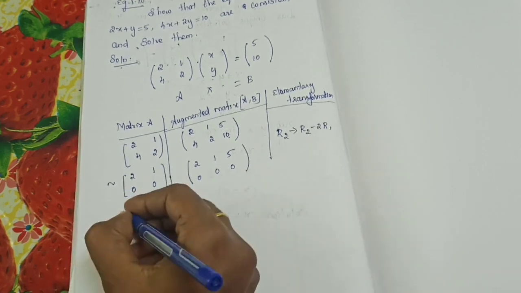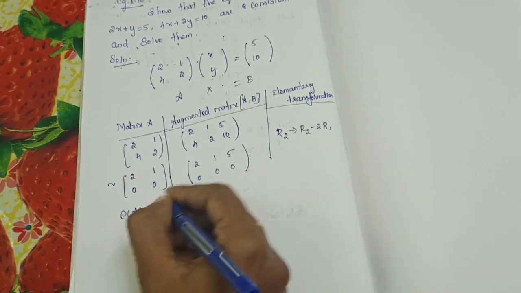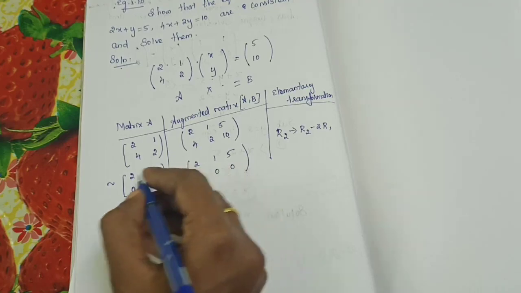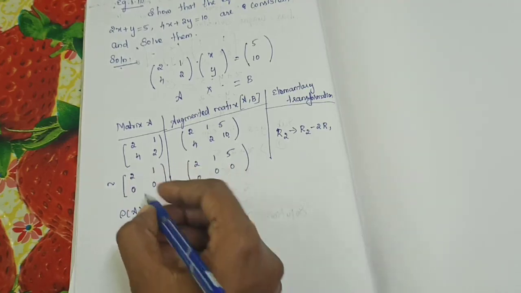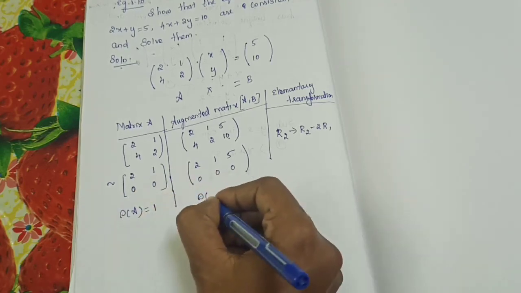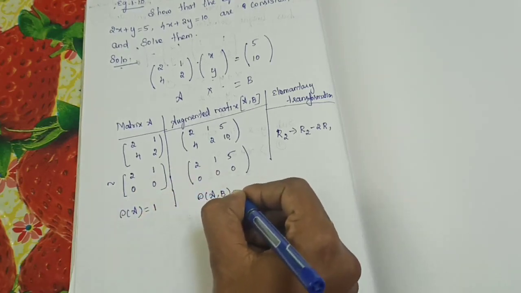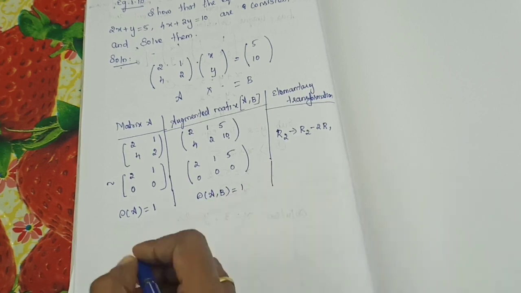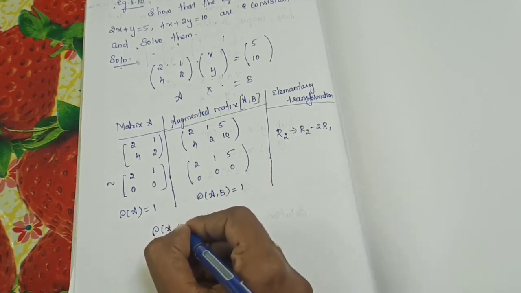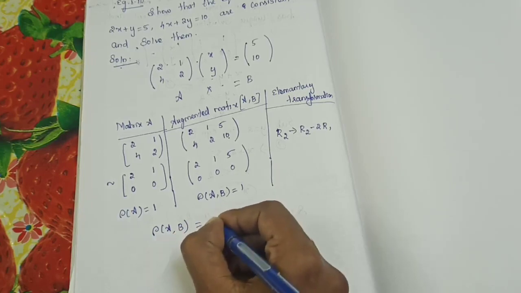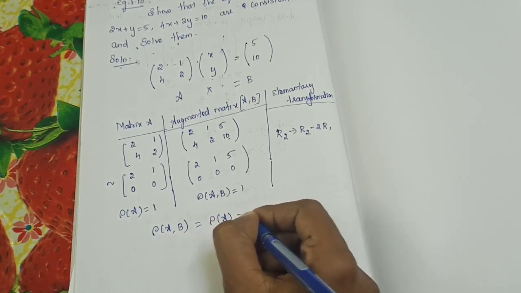0. Yes. So rank of A, how many non-zero rows are there? The number of non-zero rows is only 1. So rank of A comma B, that also is only 1. Is it right? So here rank of A comma B is equal to rank of A is equal to 1.